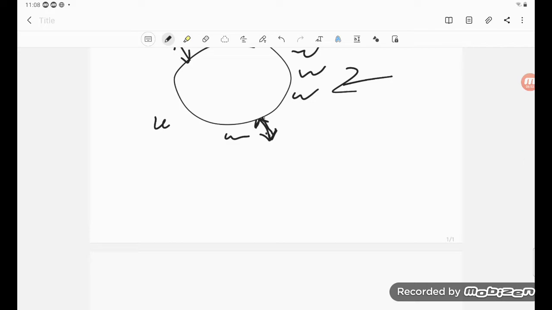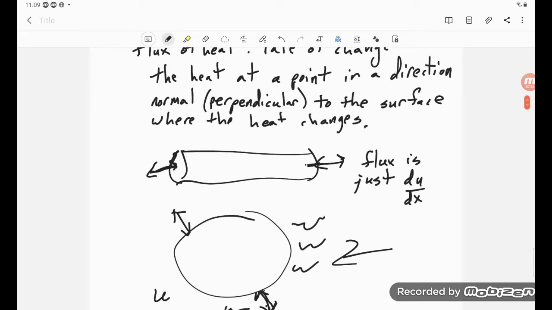And now they use a slightly different notation here than I would have used, in that they put a constant on their derivative, du dx.